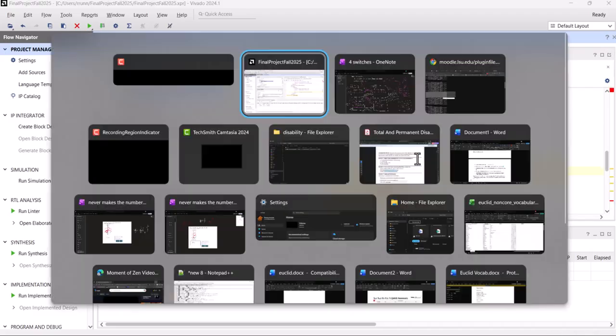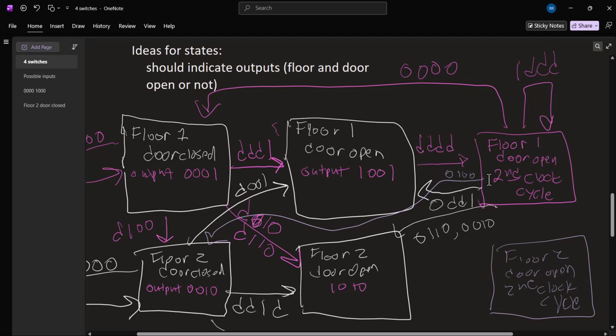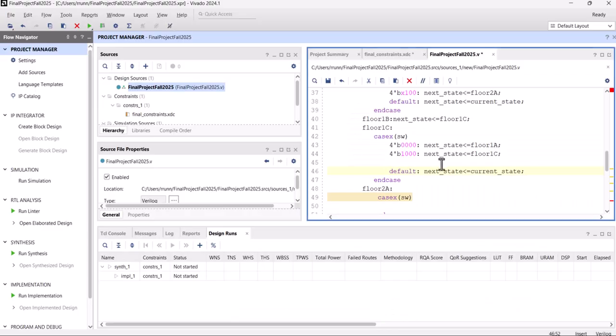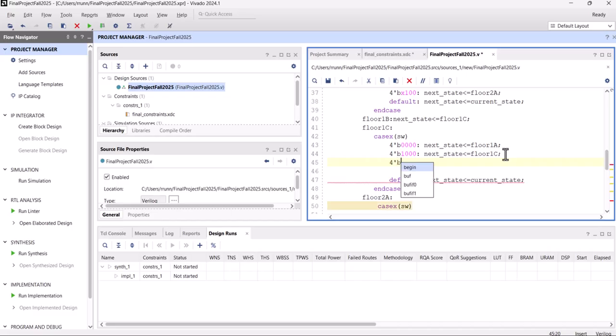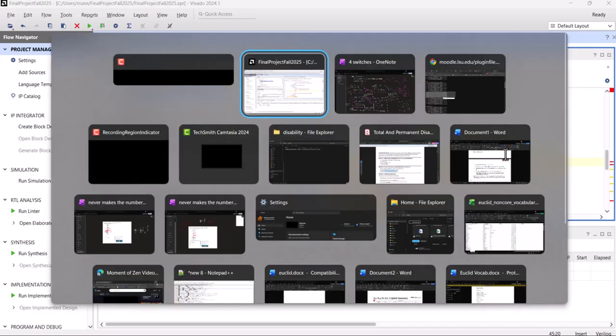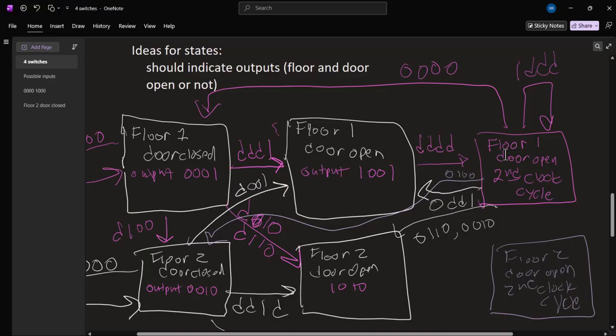Okay, what else did we have? We had, if we selected 1, we went back to floor 1B.